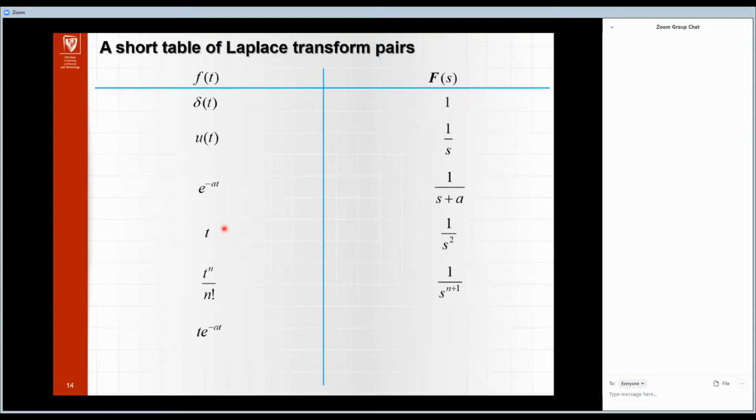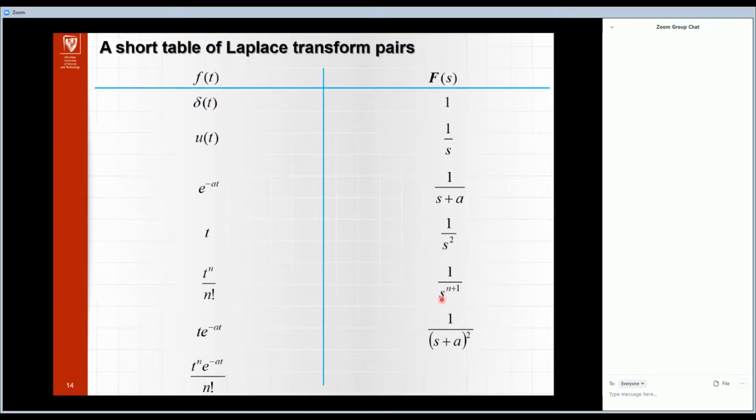Okay, and t multiplied by this factor is very similar to this one, but instead of s squared we should put s plus a, all squared. And this is a very similar situation to this one.